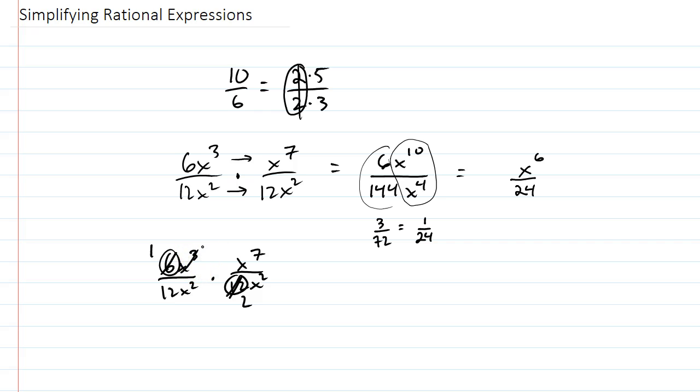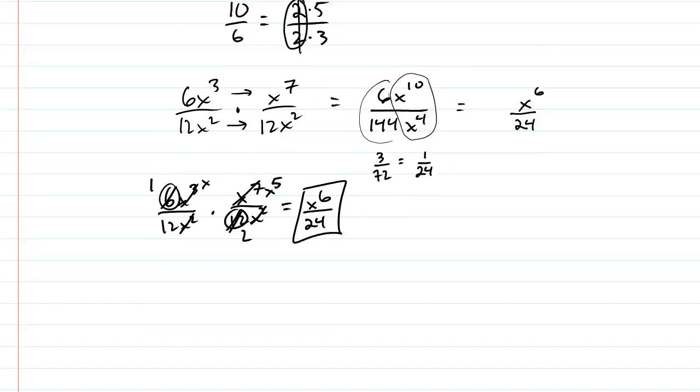This would turn into just 1x, and this would cancel. This would turn into just 5x's, and this would cancel. And then we have 2 times 12 on the bottom. So it's kind of a mess, but on top we have x times x to the 5th, which is x to the 6th, and underneath we have 24. Same answer. It just might be a little easier because the numbers don't get as large.